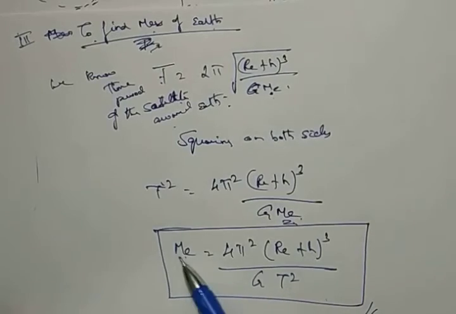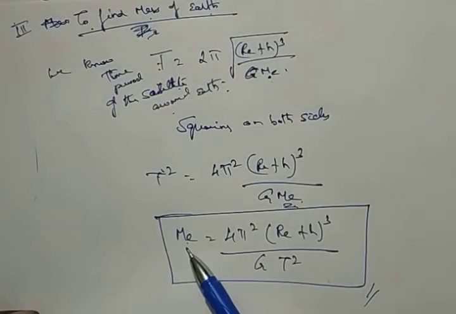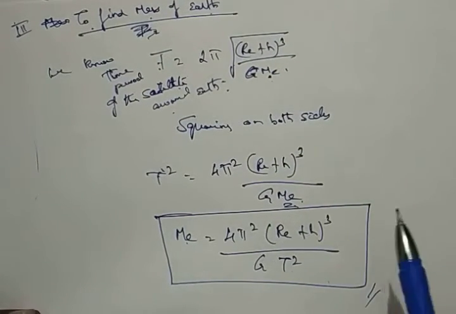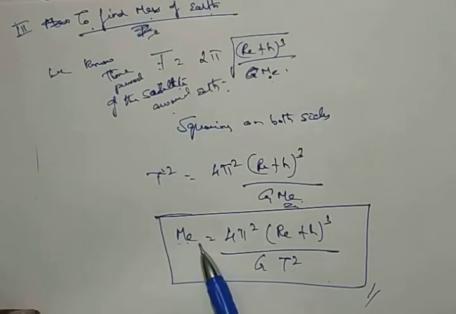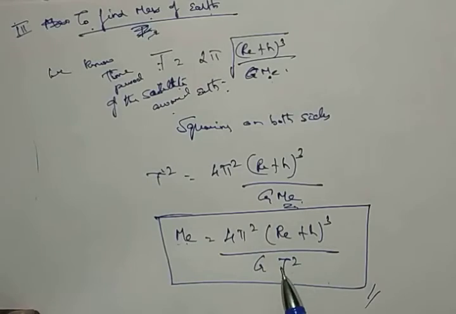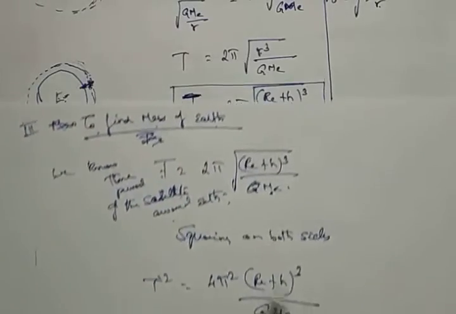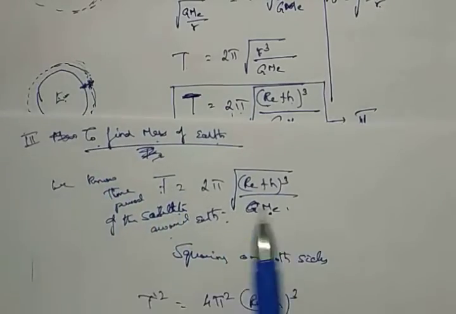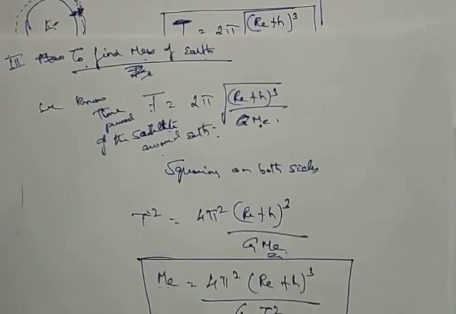Put this value, you will get the mass of the Earth. You can put multiple satellites and keep on referring to what the mass of the Earth is today. Is it shrinking? Is the mass getting less, more? Everything you will know, because in that particular mass the orbit also will be there. So please be clear with this concept, how this one works.